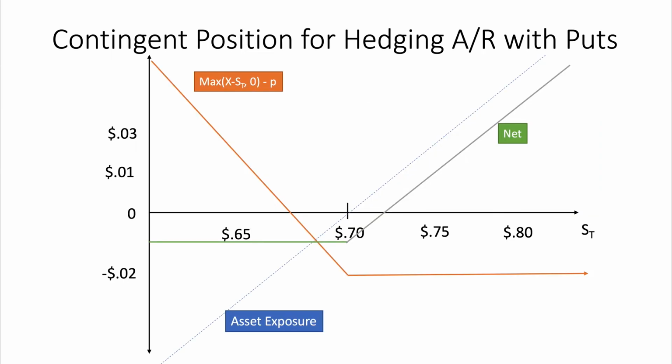Now here, let's look at the red line, which represents the long put option. Its net payoff is the maximum of X minus ST or 0, then minus P. So you have this one.